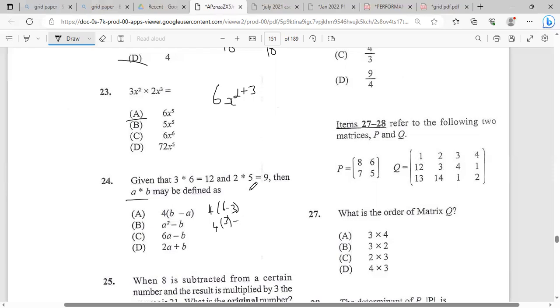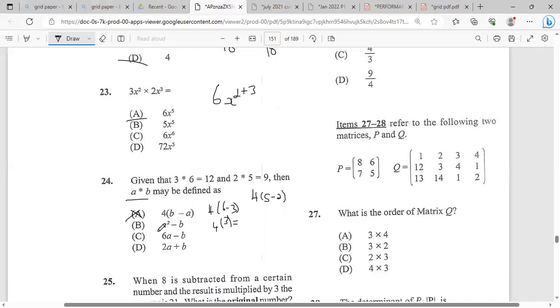Let's see for the next one. 4 bracket. Or we can freestyle it. 5, you know, could have freestyled it, 5 minus 2. No, this is 8, so I can't use this. All right. A squared, we can freestyle it. A squared is equal to A, that be 3. 3 squared, that's a 9. Minus 6. 9 minus 6 is 3.